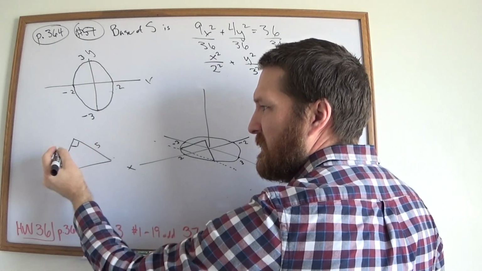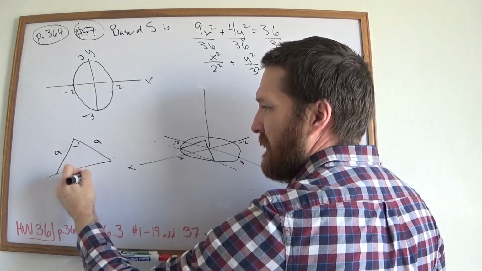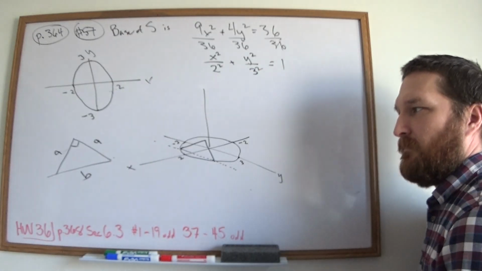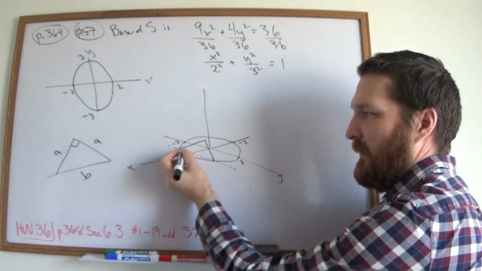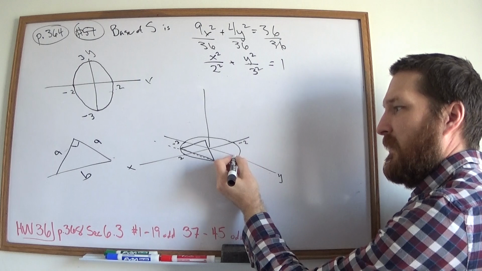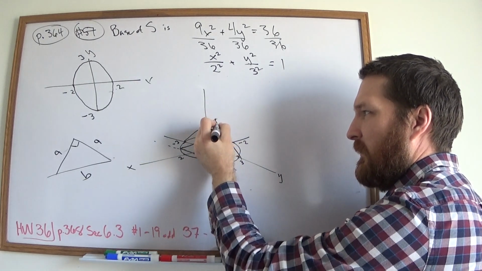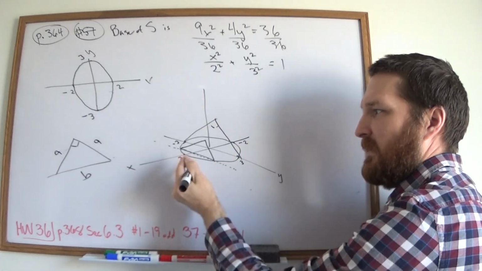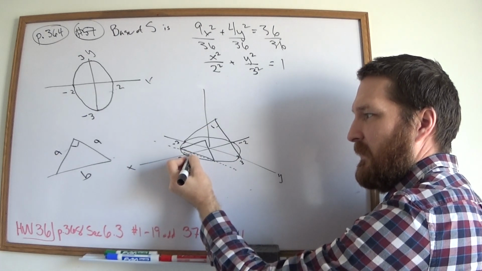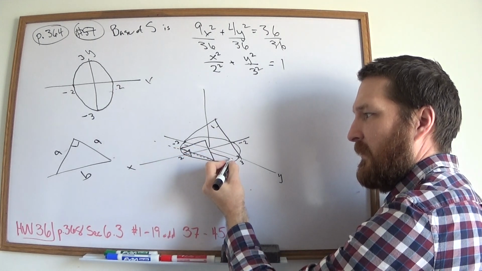That's what an isosceles triangle is. And so when it's here and here, it comes up like this, and they're right triangles, and they have the same length. That's what you're looking at, all of those triangles.